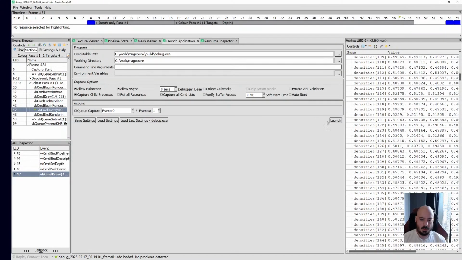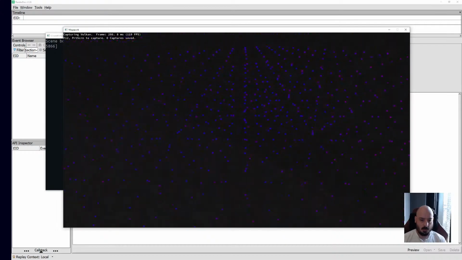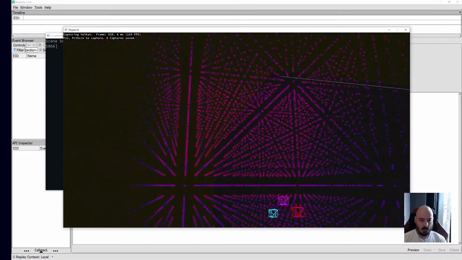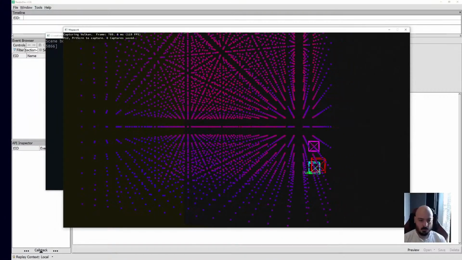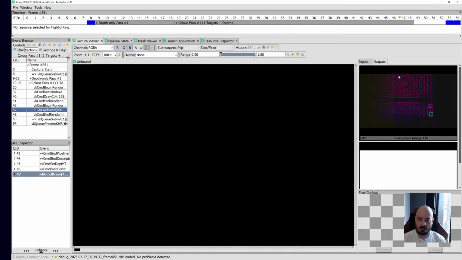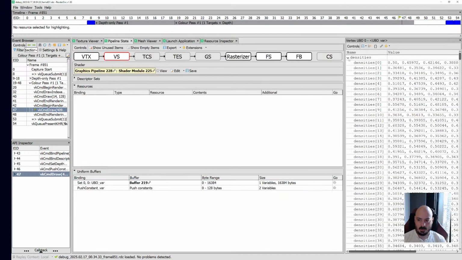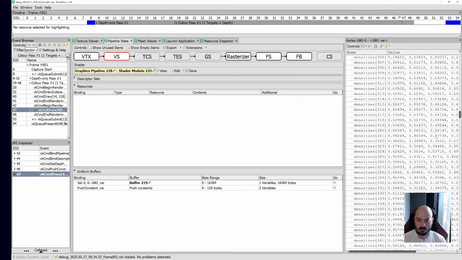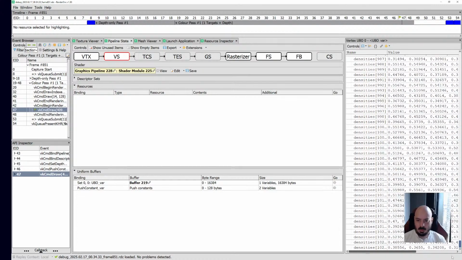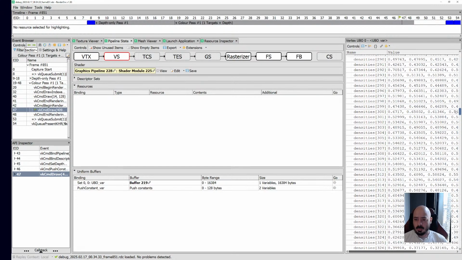I'll just run it in RenderDoc. Yeah, there we go. Okay. Alright, yeah, I can see that. Alright, so we've got basically densities between 0.5.